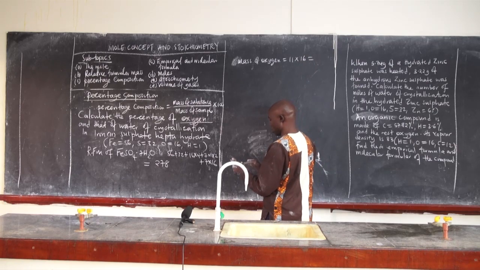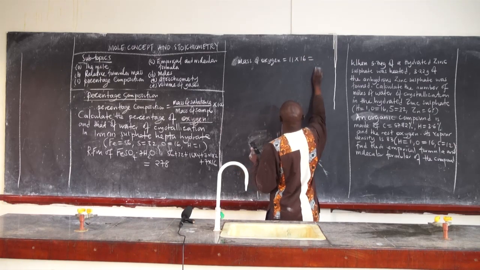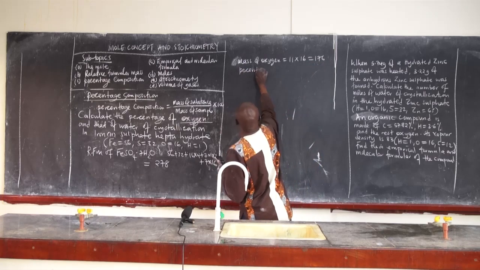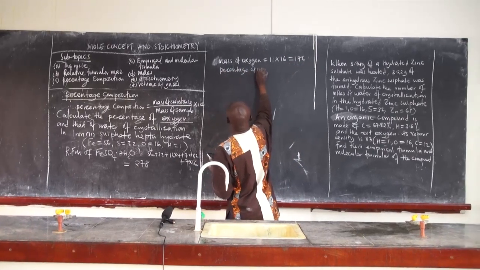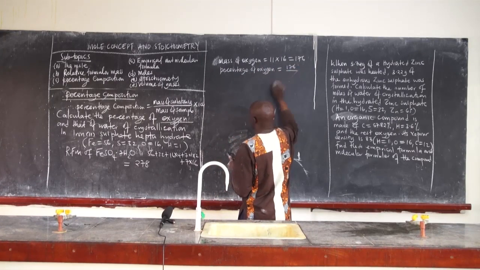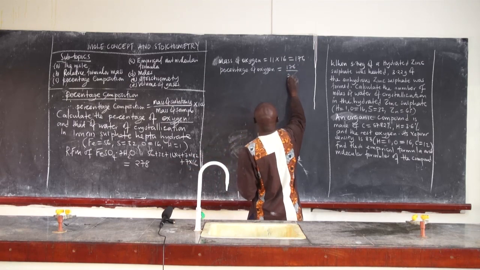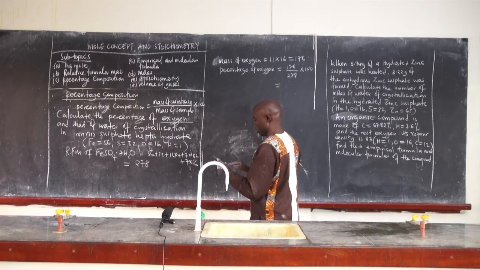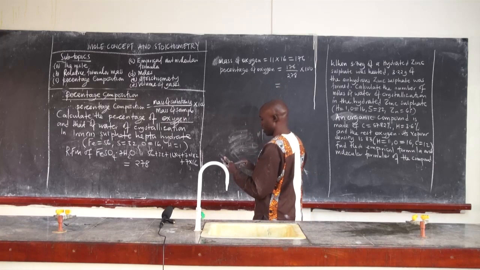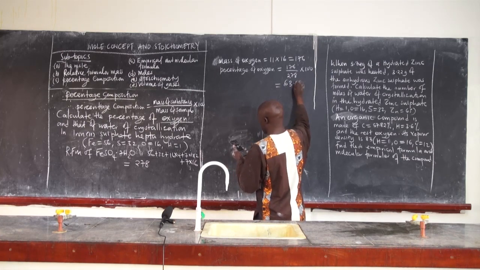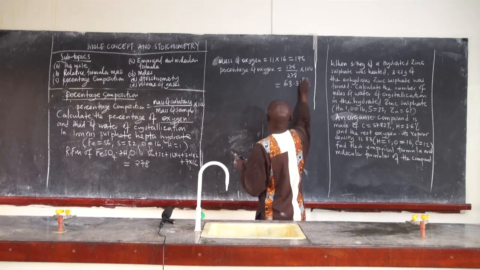We punch in here 11 times 16, we get 176. So percentage of oxygen, we just have 176 out of the RFM of the entire substance, multiply by 100, so divide that by 278 times 100, we get right away 63.31%.